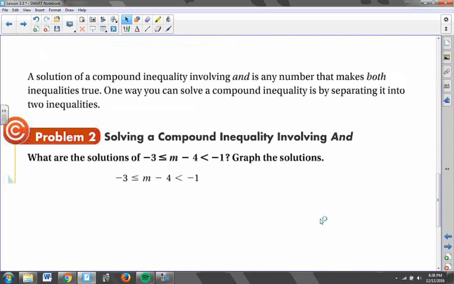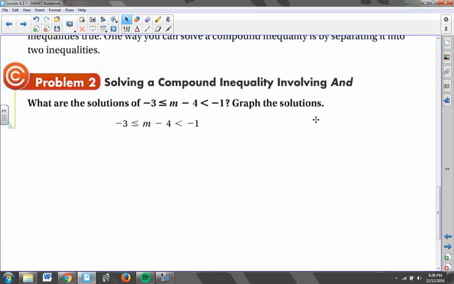The other thing I'm going to ask you to do is solve a compound inequality that involves and. Two ways we can do this. One, we can split it up. Let's say this one says -3 is less than or equal to m minus 4, which is less than 1.